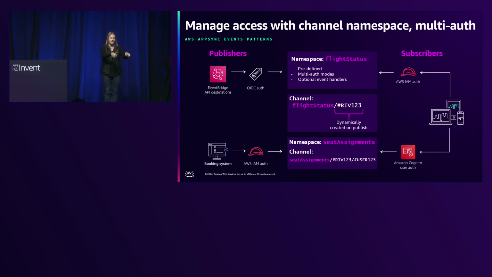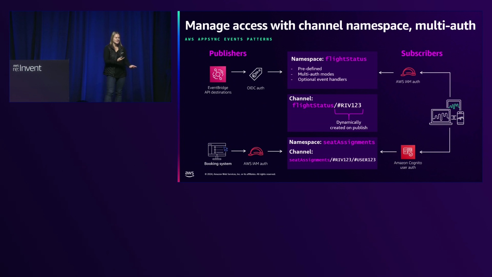And what's unique about these different namespaces is we have completely different authorization configurations based on the needs of our publishers and subscribers. For our flight status flow, API destinations can either use an API key or it can also use OpenID Connect. And so we might have our publishers interfacing via API destinations using OpenID Connect authorization, but then our subscribers are display boards in the airport that need to get those flight status updates, or potentially user-based devices.